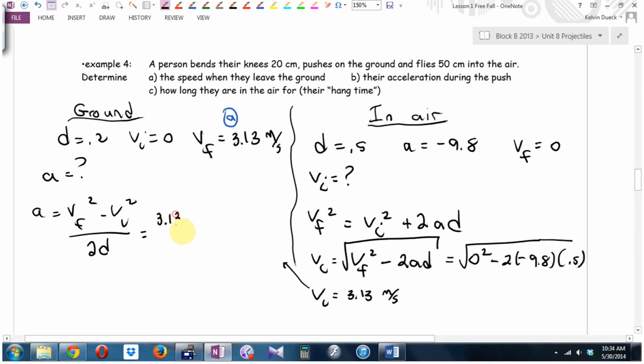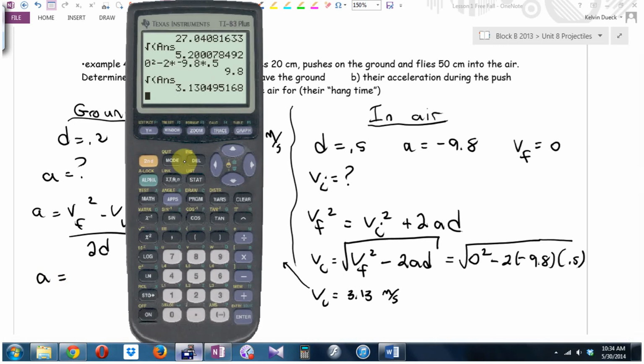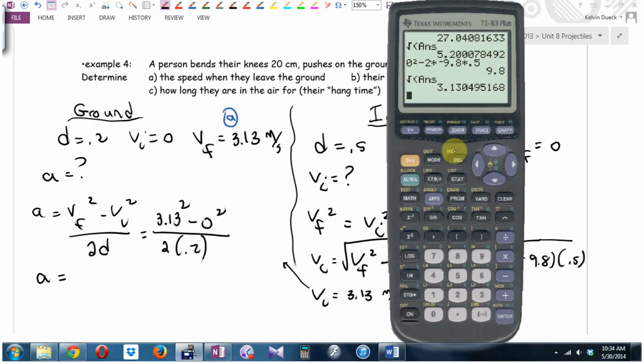3.13 squared minus 0 squared all over 2 times 0.2. I should get a positive answer because while I'm straightening my legs, I am accelerating upwards. Ideally, I hope. This number squared minus 0.